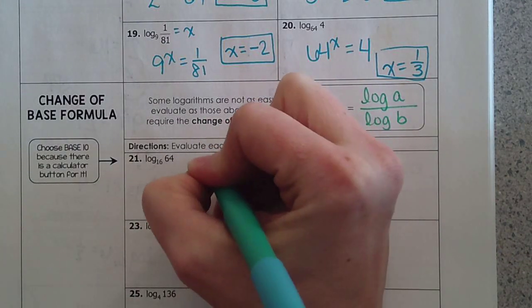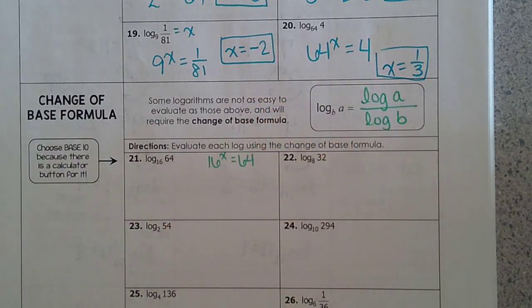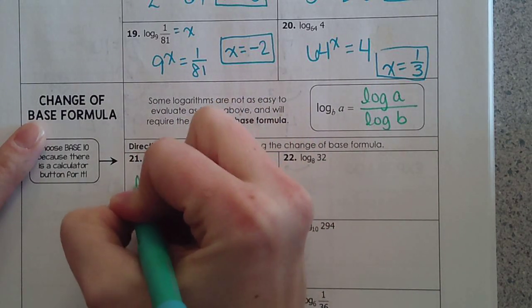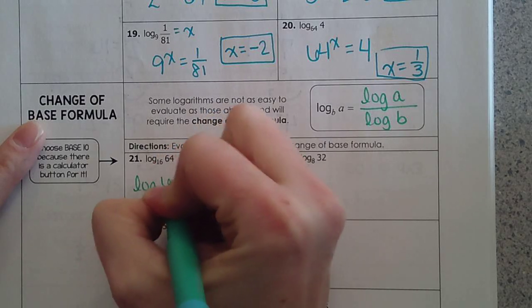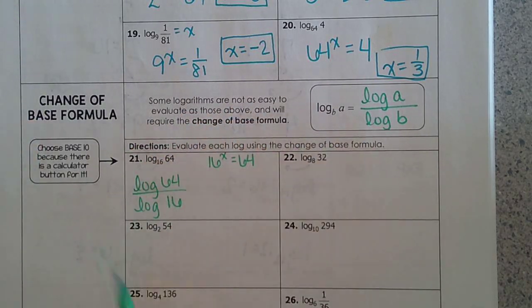The question is 16 to some exponent equals 64. I don't know. It's not 16 squared. It's not 16 cubed. It's actually the square root of 16 cubed, but I can't just come up with that in my mind. So I use the change of base formula here, log of 64 divided by log of 16.